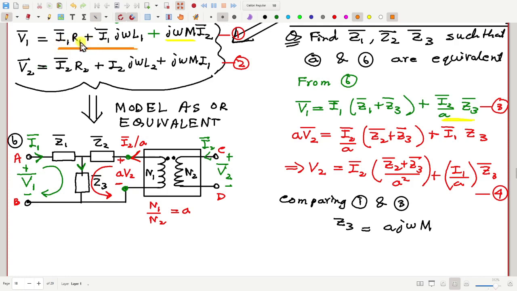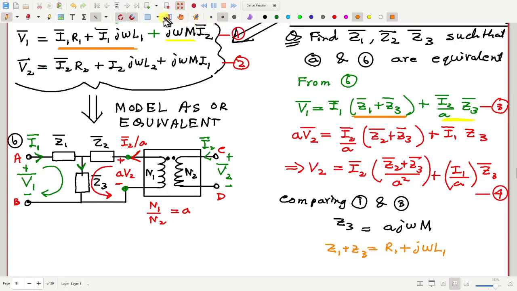What is the coefficient of I1? That is R1 plus j omega L1. And similarly in equation 3, the coefficient of I1 is Z1 plus Z3. So we have Z1 plus Z3 equal to this.